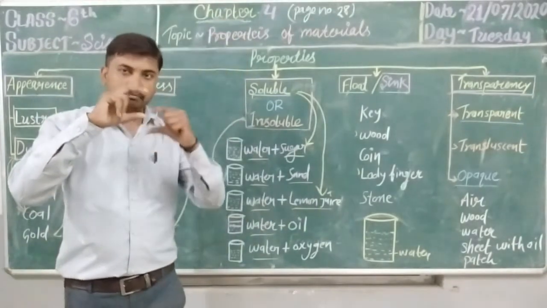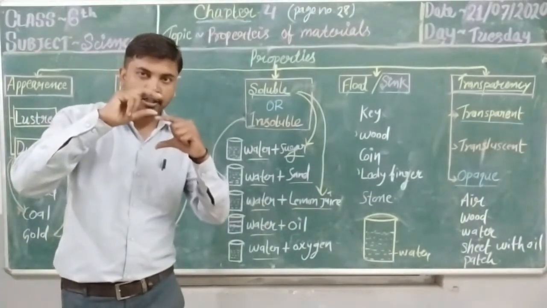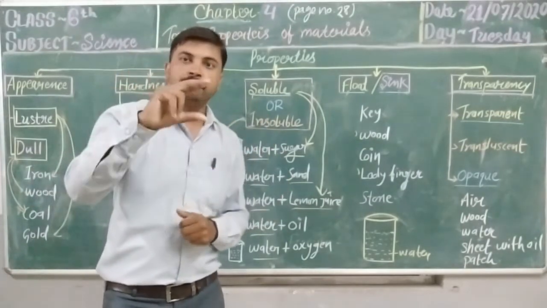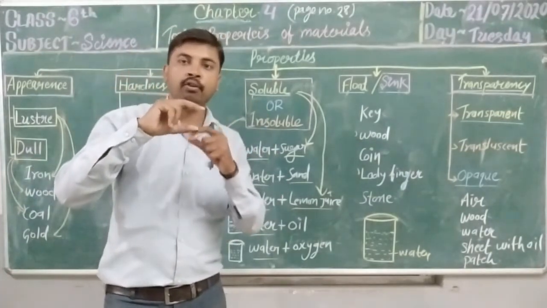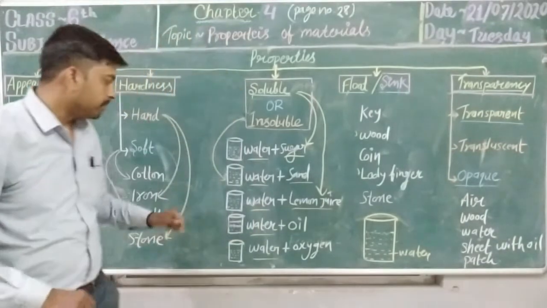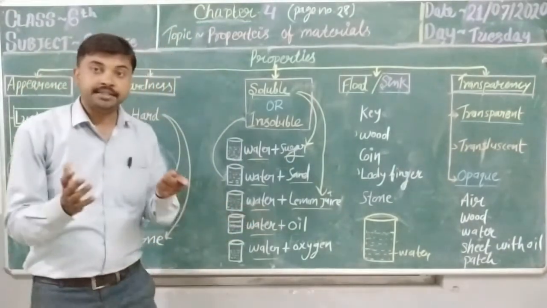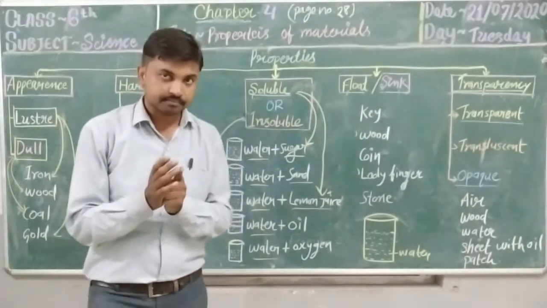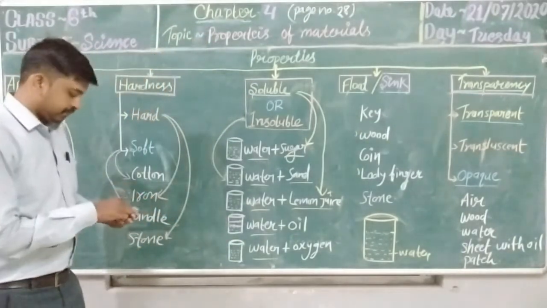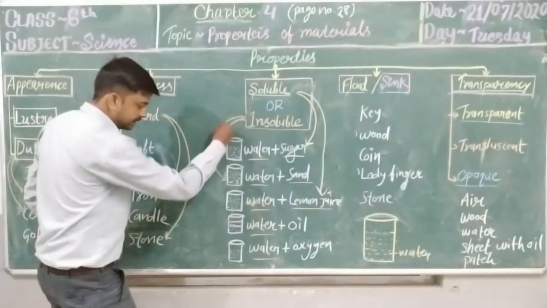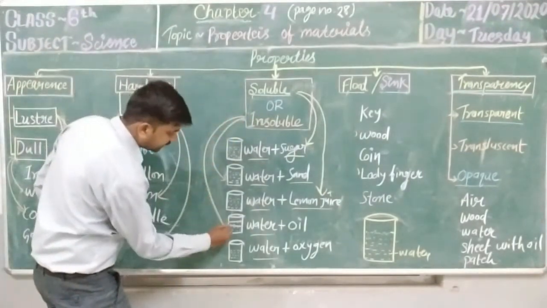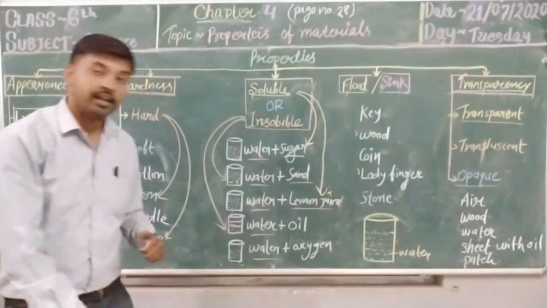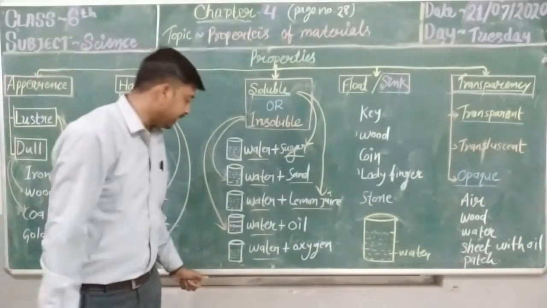Water forms its layer at the bottom because water has a higher density compared to oil, and oil forms its layer on the top. So it means oil is not dissolved completely into the water. We put it into the other category, insoluble. Oil is an insoluble material.